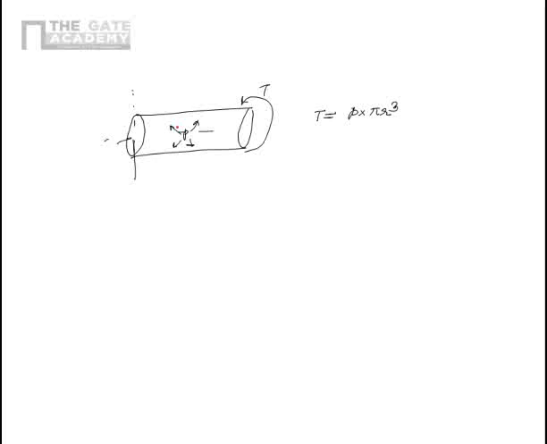Now here we know that sigma H is equal to PR upon T and sigma L is equal to PR upon 2T. But besides this, there is also a shear stress now, which is T upon J multiplied by R, which is nothing but P into pi R cube.